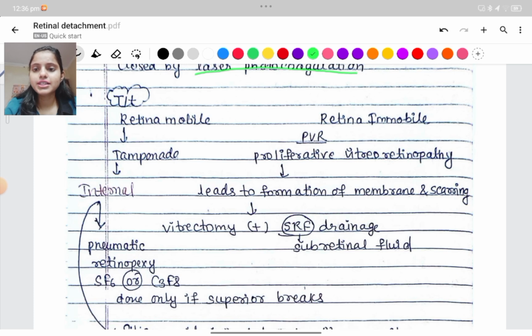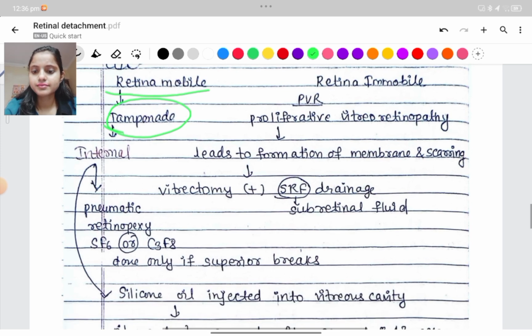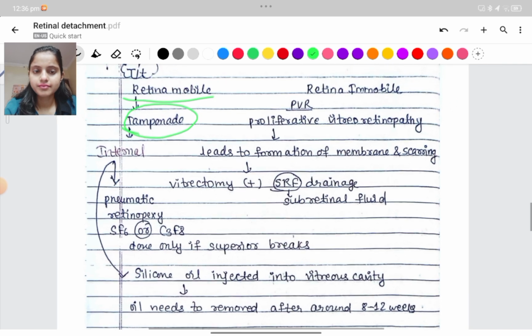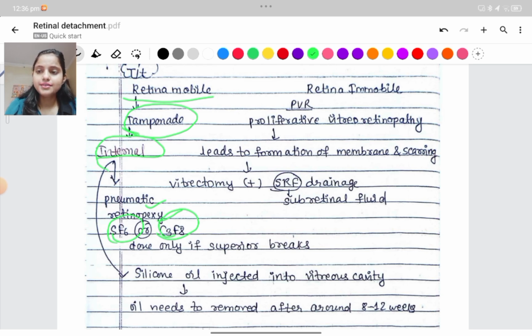For treatment, if the retina is mobile, then we do internal tamponade, in which we inject pneumatic retinopexy gas, SF6 or C3F8. For tamponade, we give air or oil.